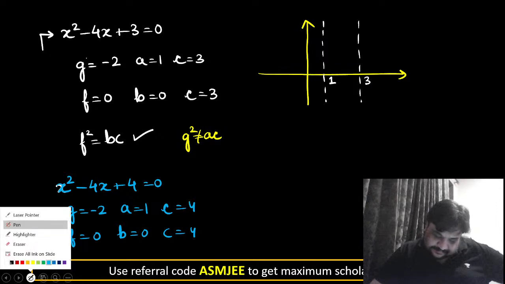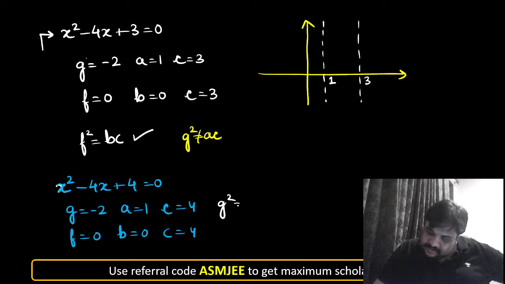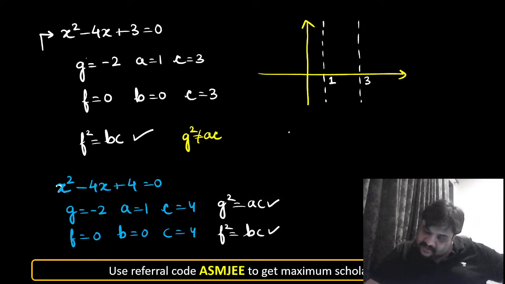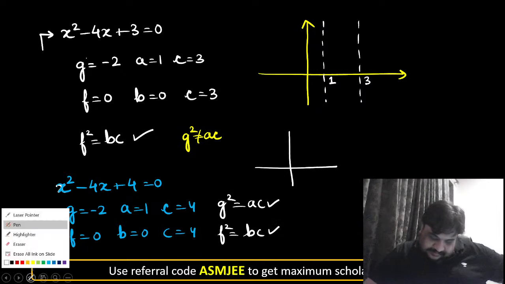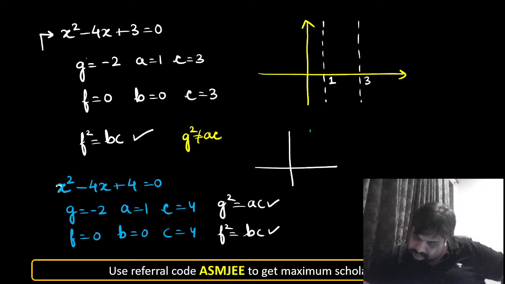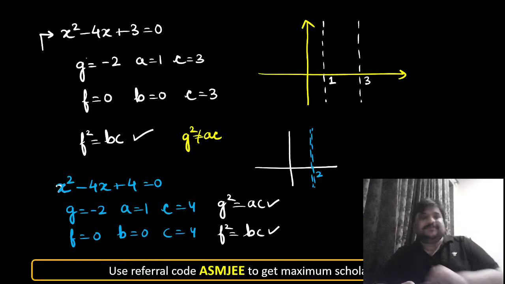Observe that G square is equal to AC. Yes, F square is equal to BC. Both are true. Hence, when you factorize, you will get two coincident lines, x equal to 2. So for coincidence, both must be true.